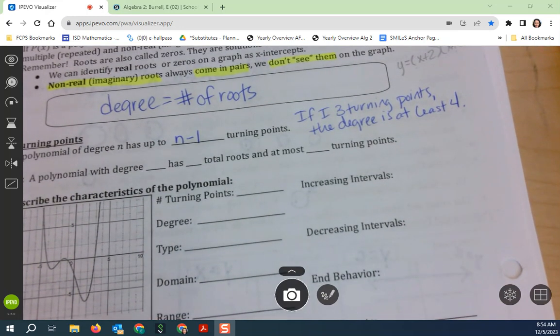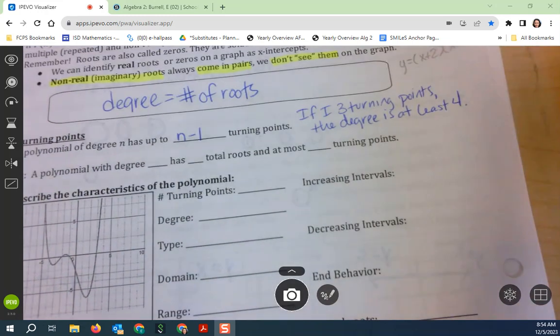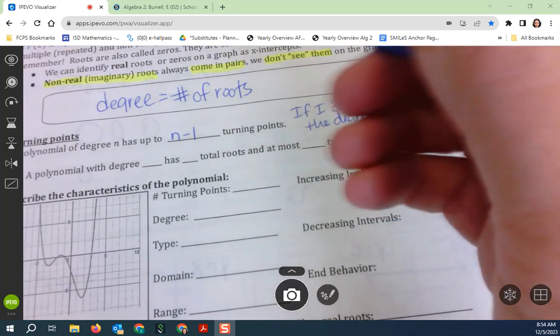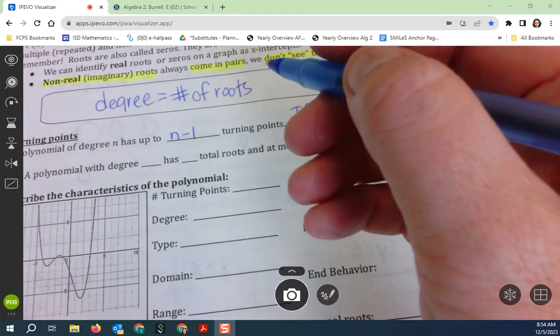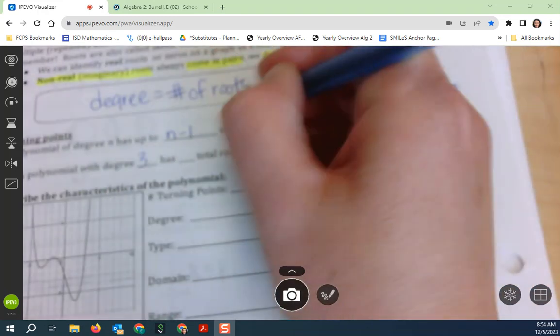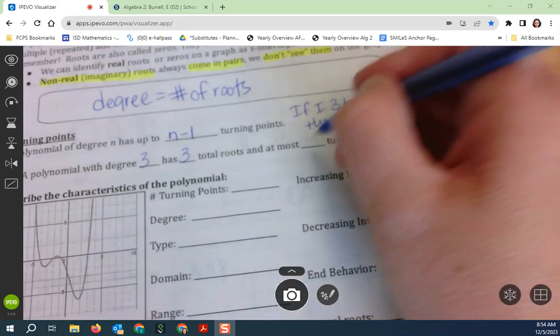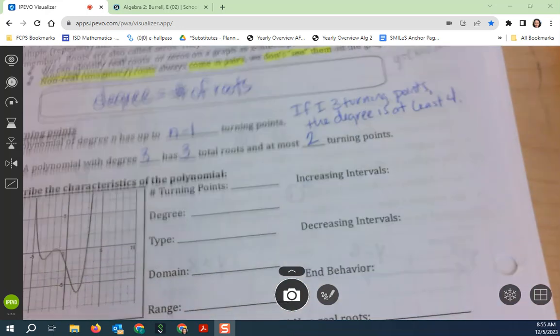If there are 3 turning points on a test question and we ask you the degree, it will be 4. But I want you to know that that's not always the case. The degree could be 5 or 6 or 7 with 3 turning points. And so here this is saying if it has a degree of 3, that means it would have 3 total roots and at most 2 turning points.